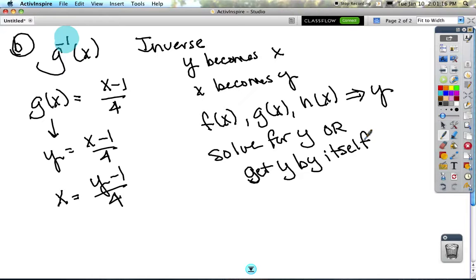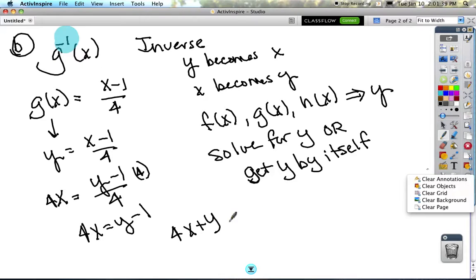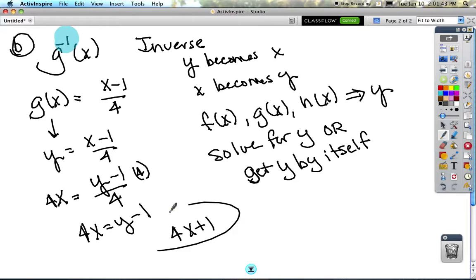So what am I going to do to get y by itself? Multiply by 4. So 4x equals y minus 1. How am I going to get the y by itself? Plus 1. Sorry about that. I meant to make that a 1. So that's the answer that goes in that blank.